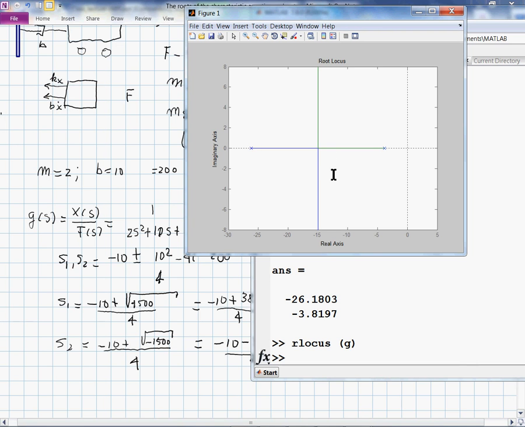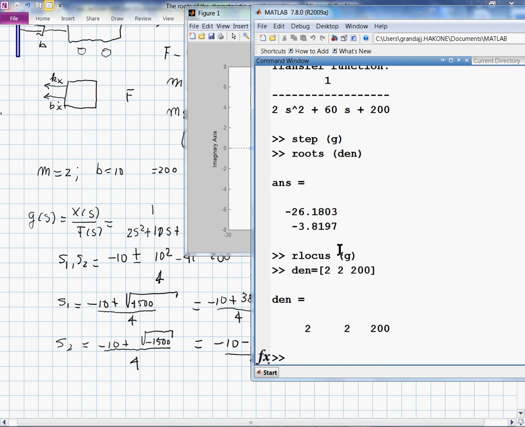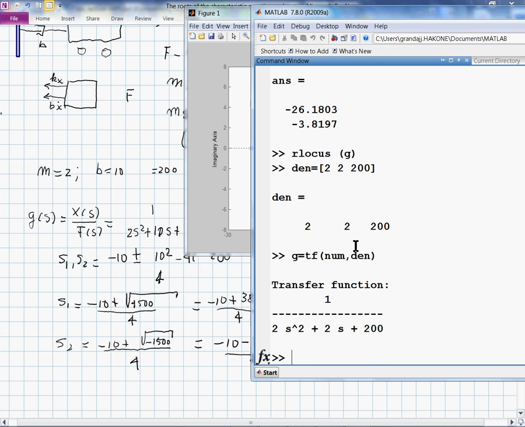So let's just look at how the relationship of where the roots are affects the system. That's what we're doing. So now let's say instead of 60, I am going to say, no, no, I don't like that. I'm just going to make it smaller and see what happens. Like instead of a 10, I do a 2. So redefine the transfer function. And now I get the response of the system to a step input in here.